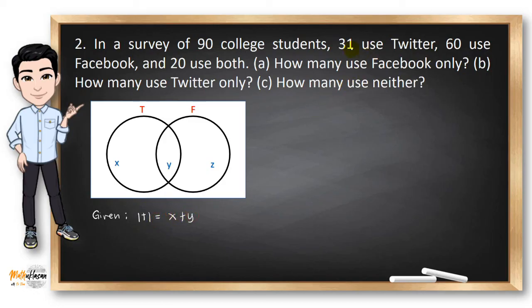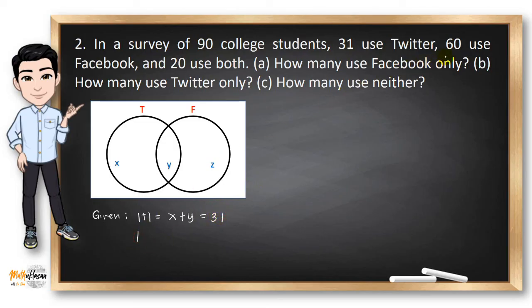Remember that this is not only. So 31 students means they are students who use Twitter, but some of them maybe are using Facebook. So here it's x plus y, including this region here. So the given there is 31.